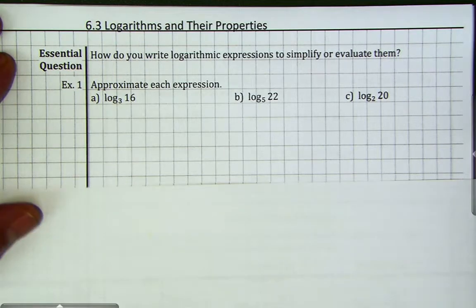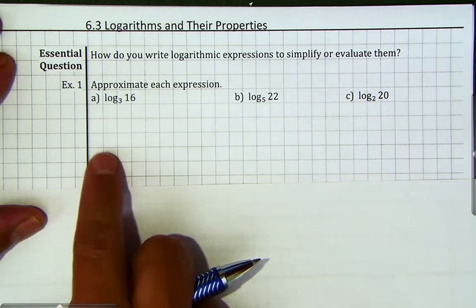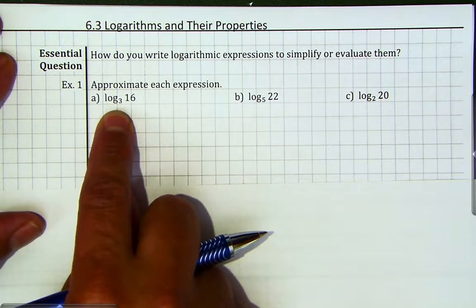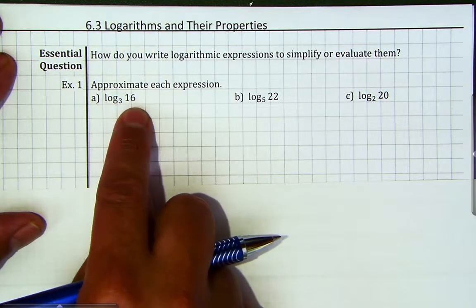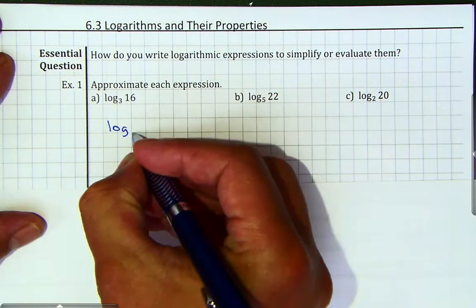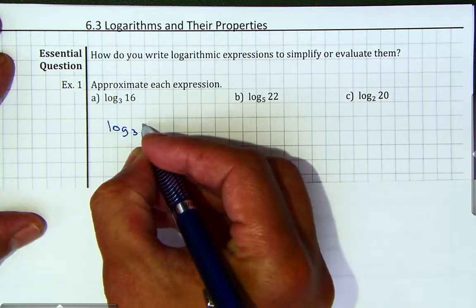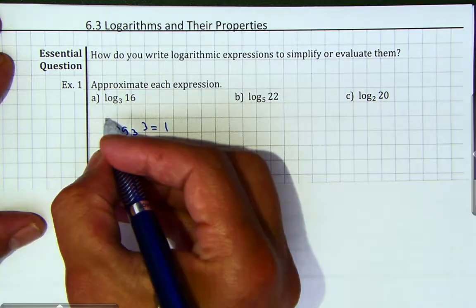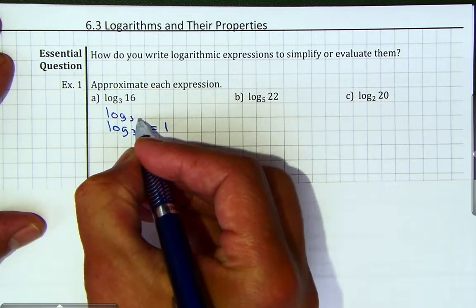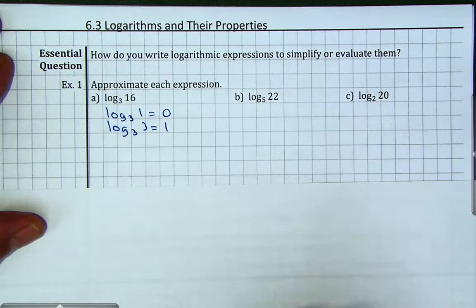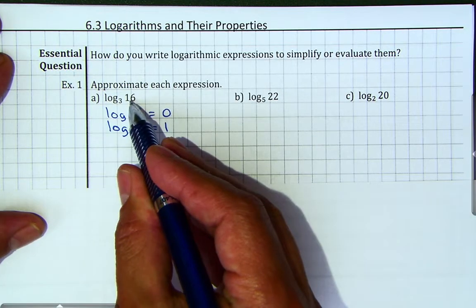So approximate each expression. And I need to now use a calculator for this. So log base 3 of 16. Well, we know that the log base 3 of 3 is equal to 1. We even know that the log base 3 of 1 is equal to 0. So I need 16.